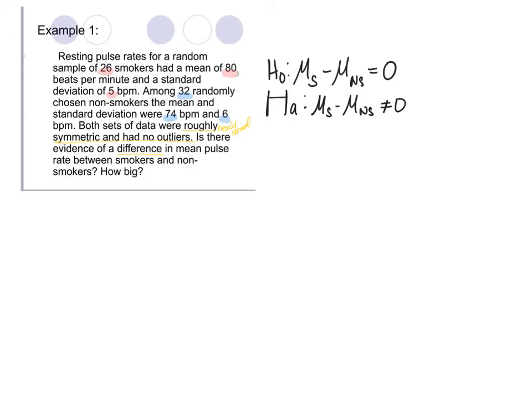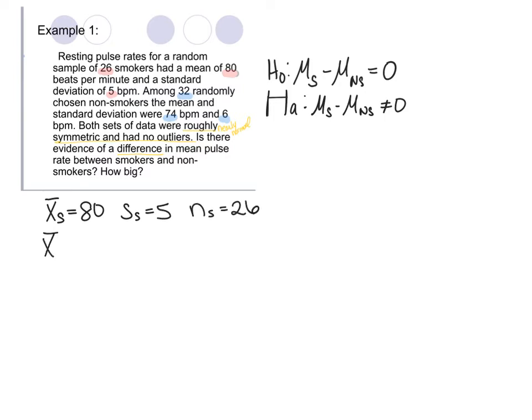Now, I defined S and NS. Those make sense with the problem, so I don't have to separately write out what that is. But if I were to use mu1 and mu2, I would need to say mu1 is smokers and mu2 is non-smokers. So our important information here is that X bar for smokers is 80, the standard deviation for smokers is 5, and N for smokers is 26.